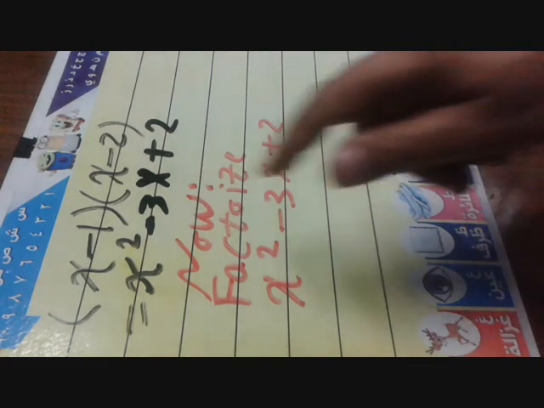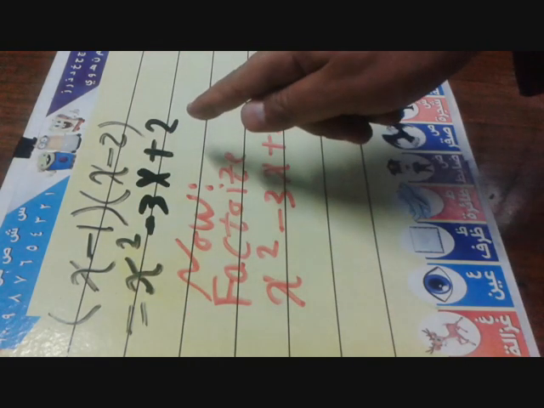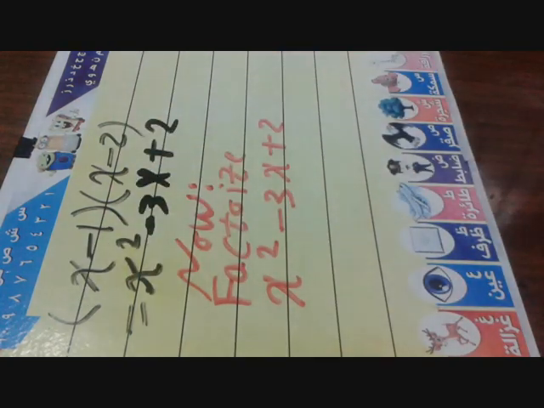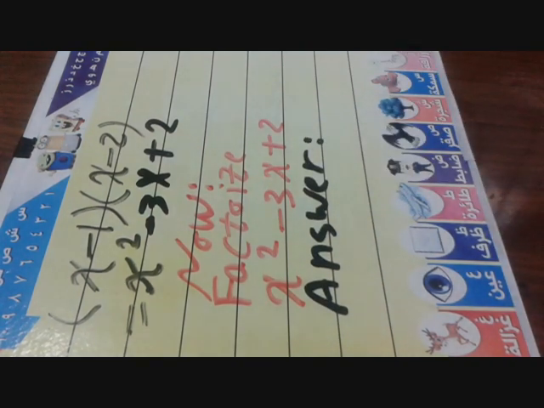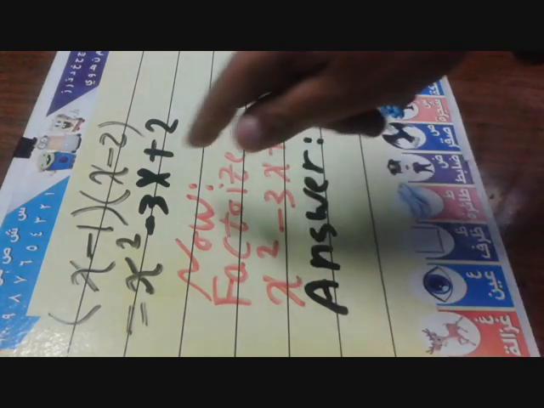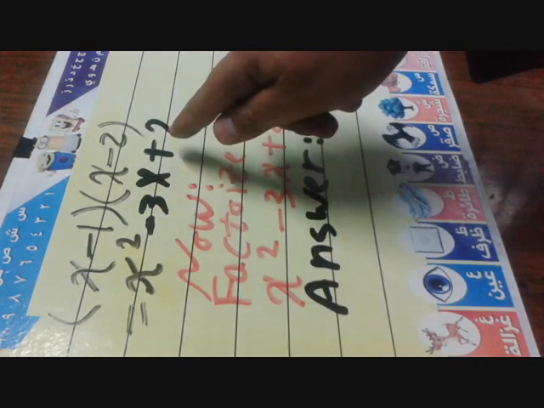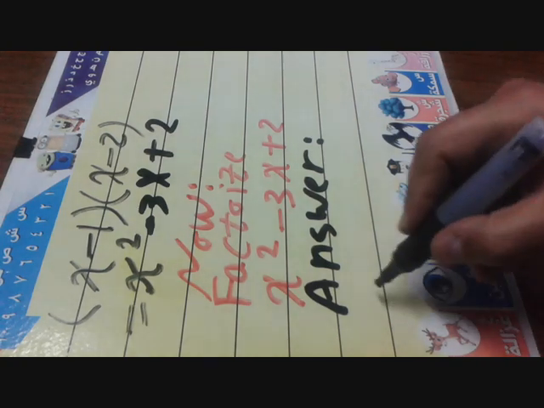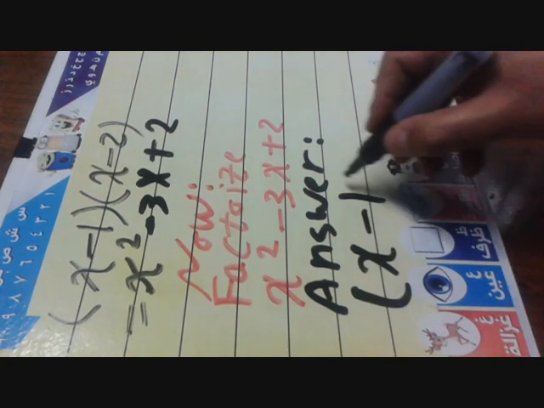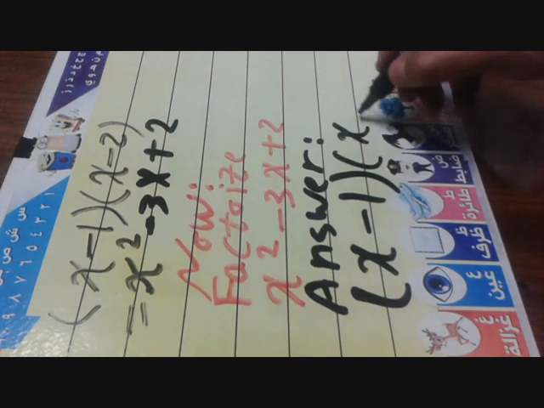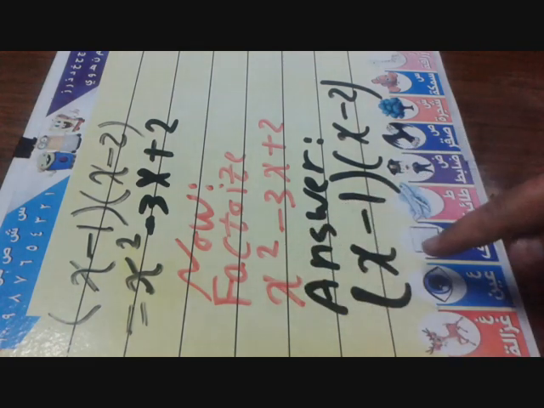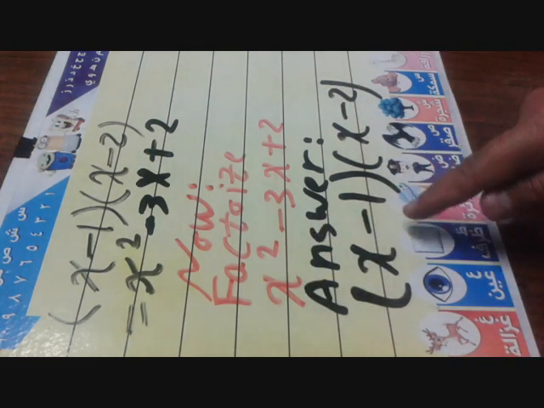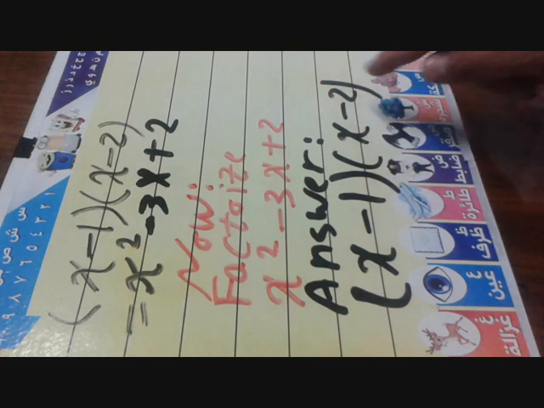The converse is true. According to this equals this, therefore also this equals this. Therefore the answer is x minus 1 times x minus 2. Notice that x squared is x times x, and 2 equals negative 1 times negative 2.